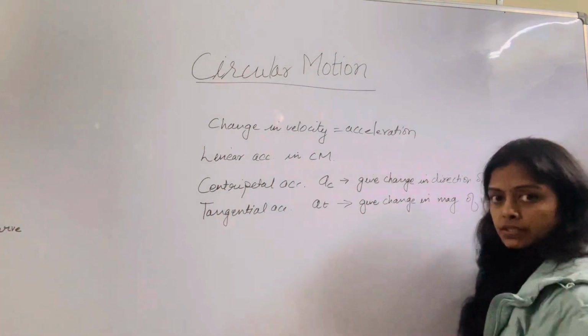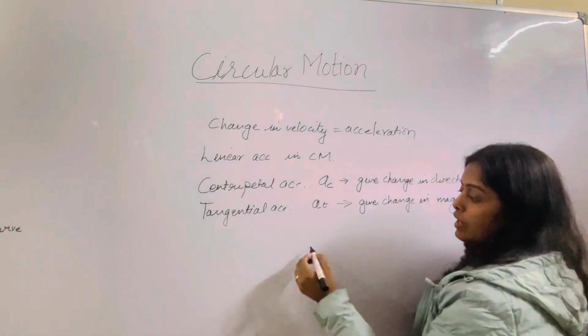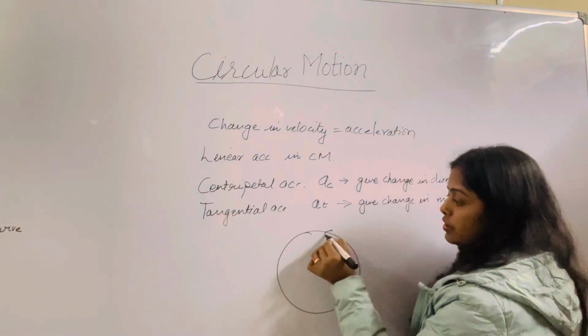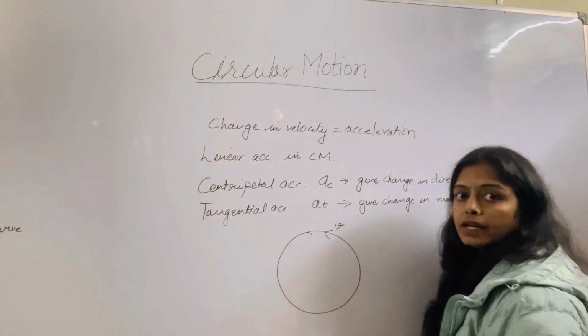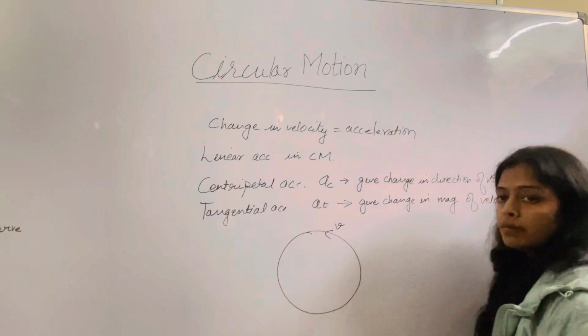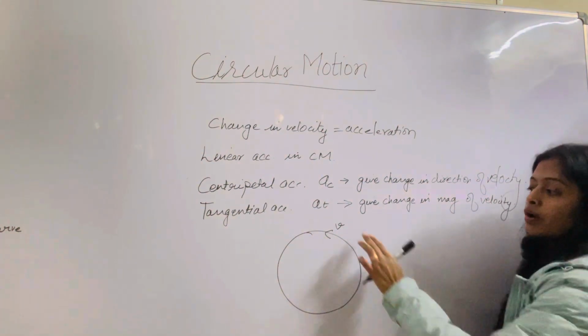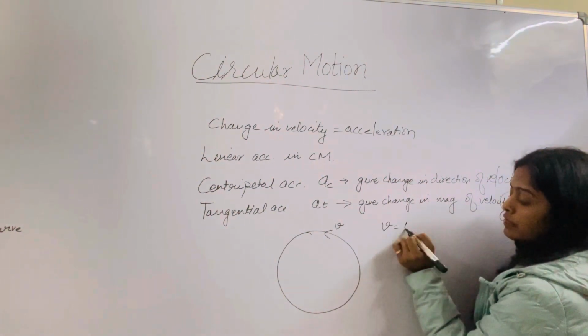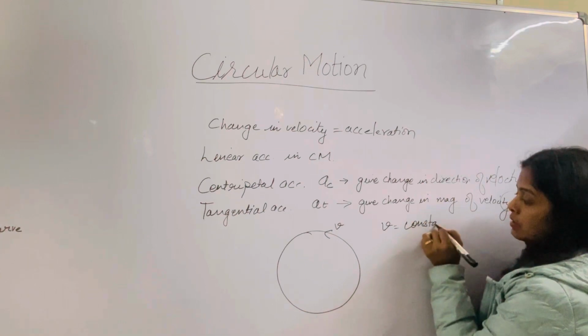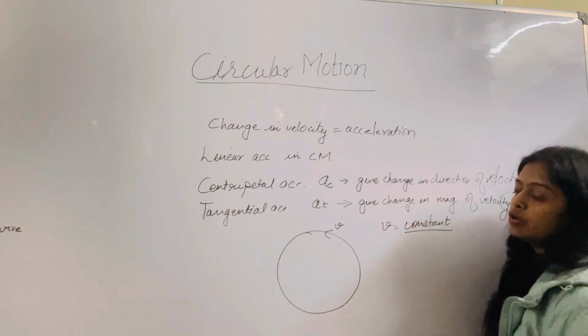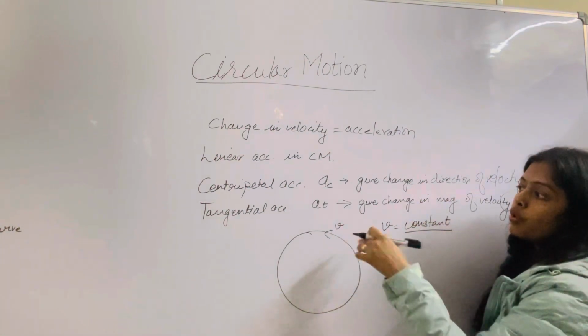That means when an object is moving with a constant velocity magnitude, centripetal acceleration will always be there.